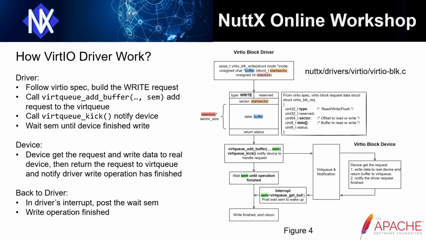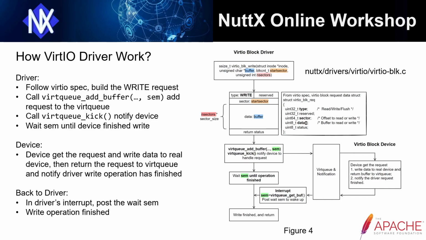And next, we will wait on a semaphore until the write operation is finished. Let's move on to the VirtIO block device. The device gets the request and writes the data to the real device. Then it will return the request to the virtqueue and notify the driver that the write operation has finished.